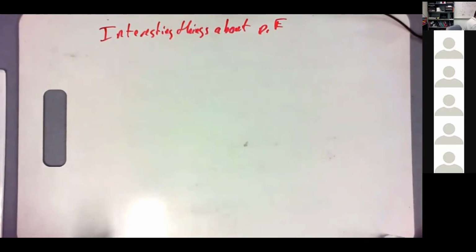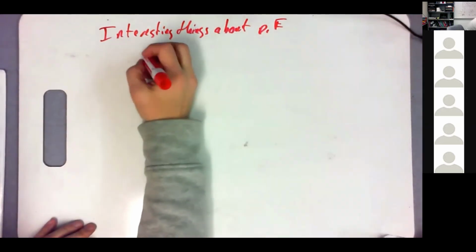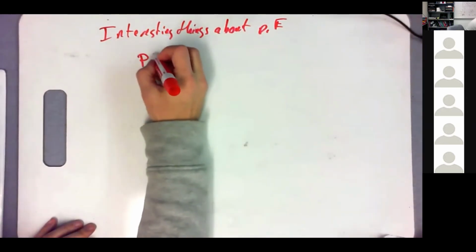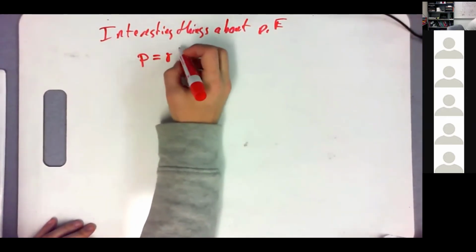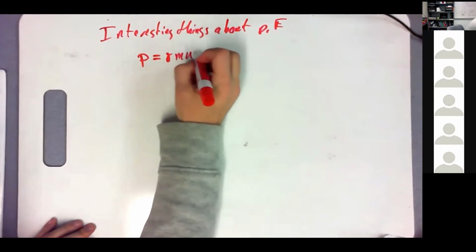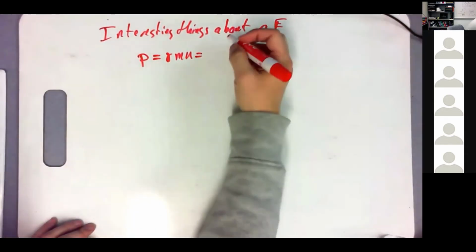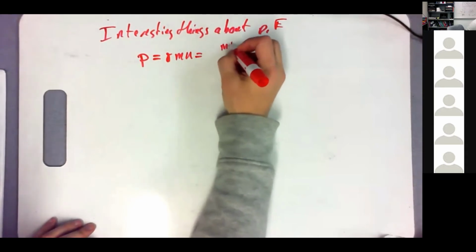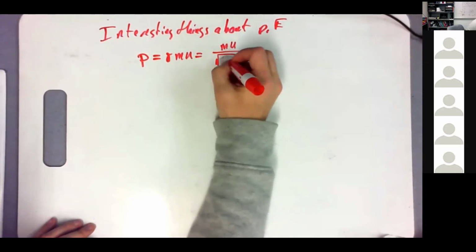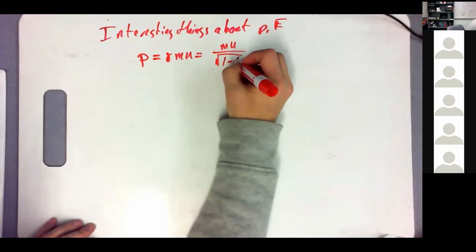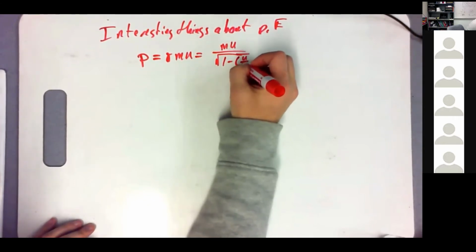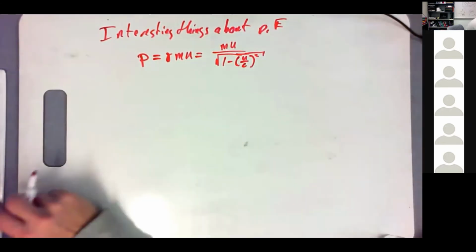Here we go. We know that the momentum p, the new way we define it, is equal to gamma times m times u. With our definition of gamma, we can pull it in: divided by the square root of 1 minus beta squared, which is u over c, quantity squared.